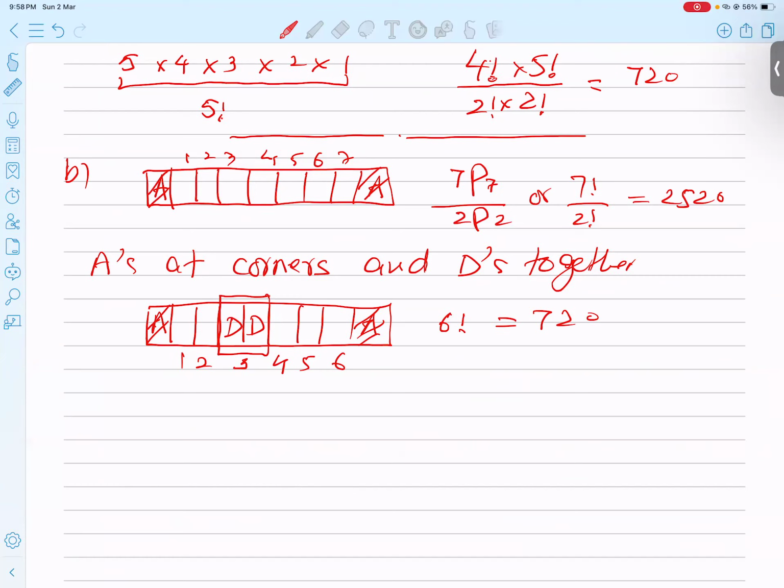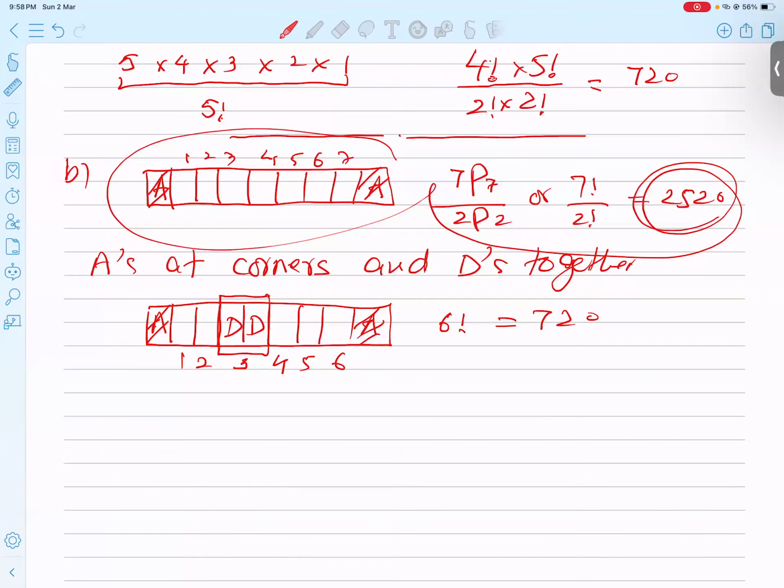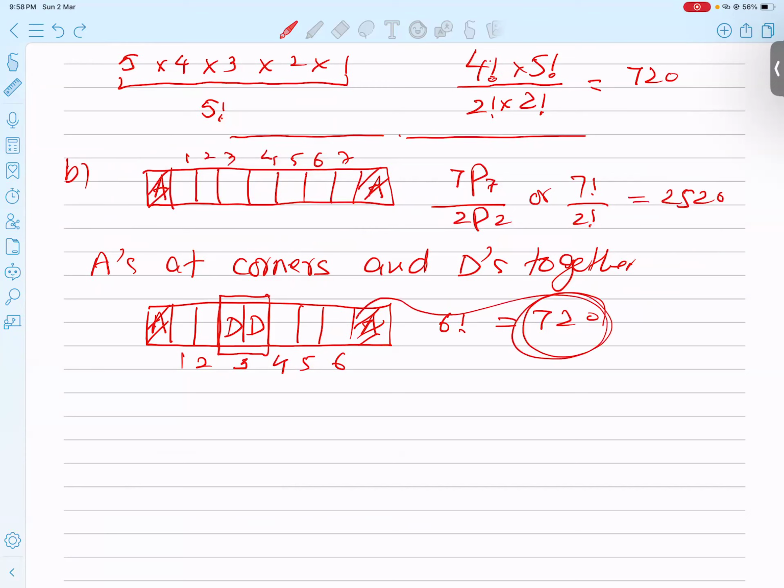So these are the options when A is at corners and D together or D not together. But this is purely the answer when A comes on corners and D's are together. So if I subtract this, I will get the case when D's are not together.